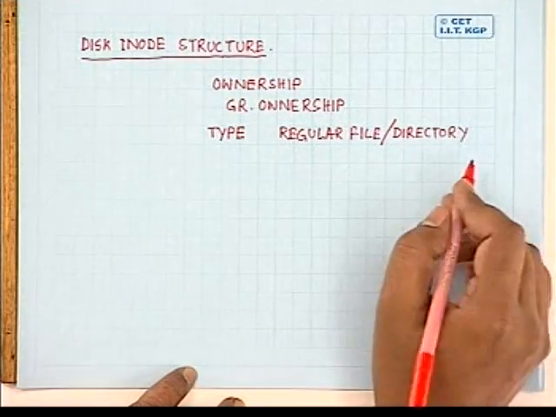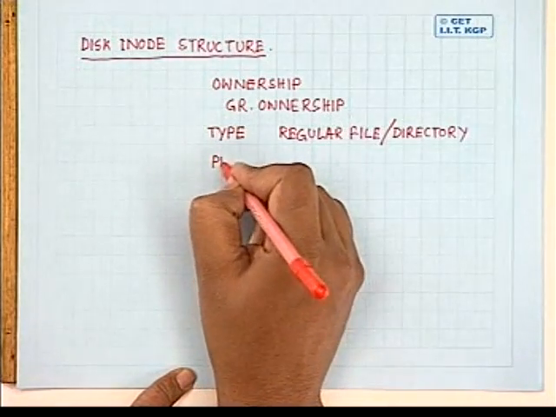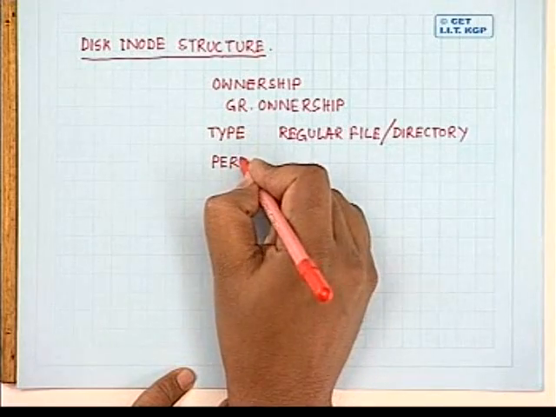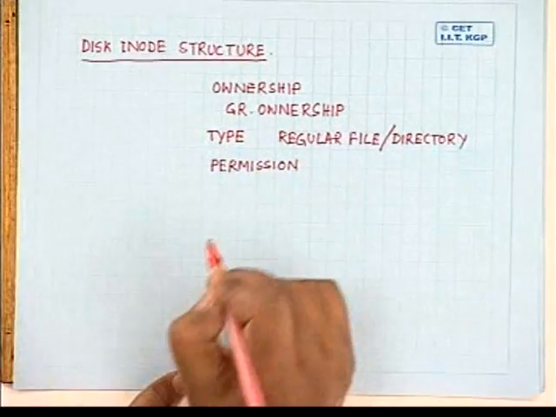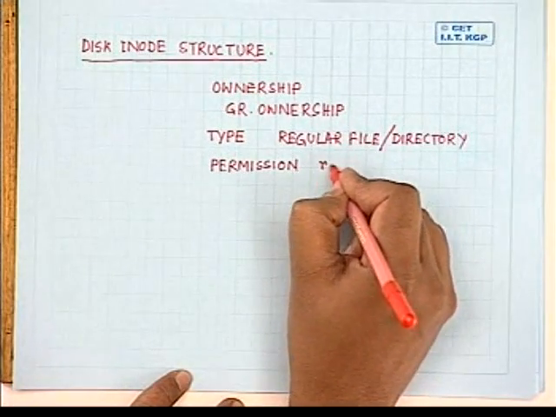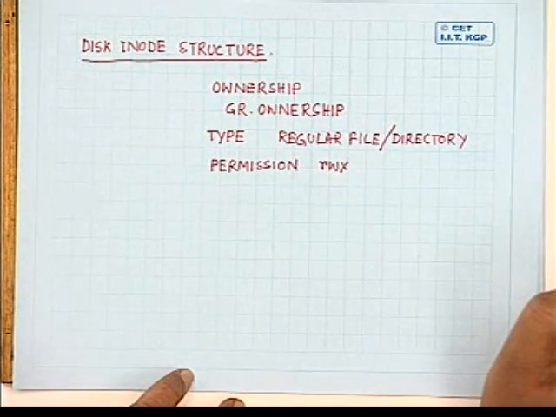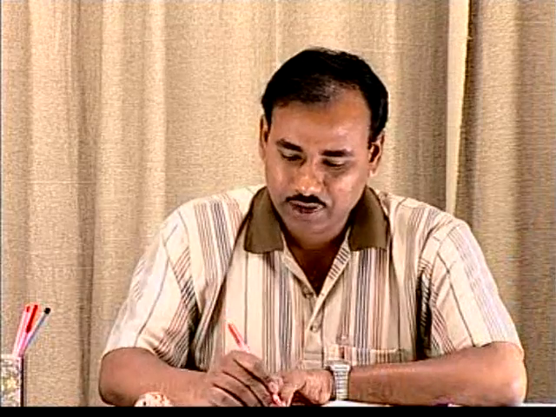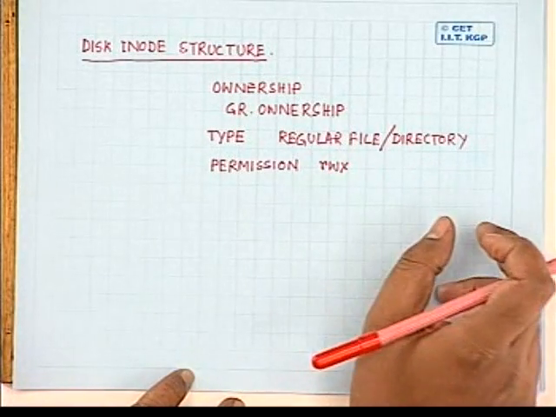Okay. Then we have what is called the permission field. This permission field is usually specified in the form of read, write, and execute. Whenever you give a directory listing, you might have seen that you get RWX kind of information, and there are three sets of RWX.